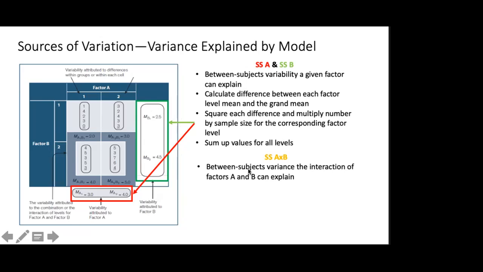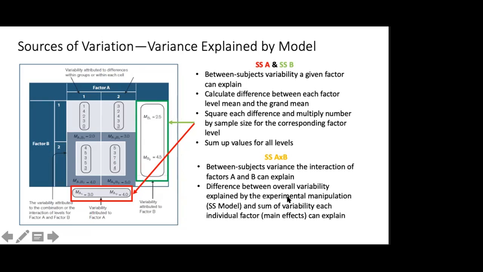All right. And then we have the interaction between factor A and B, and here the interaction is 0. It's always symmetrical, so we can look at it from one direction or the other.